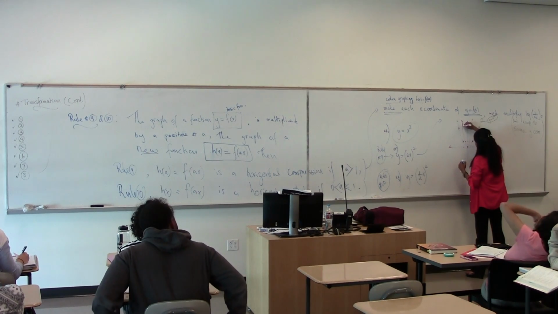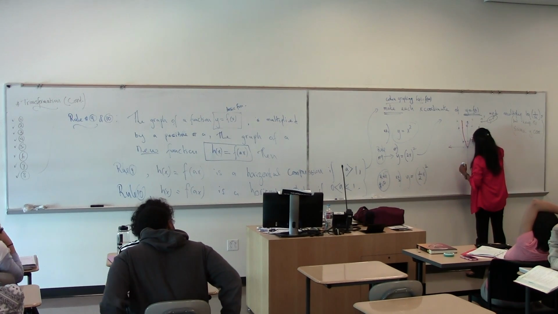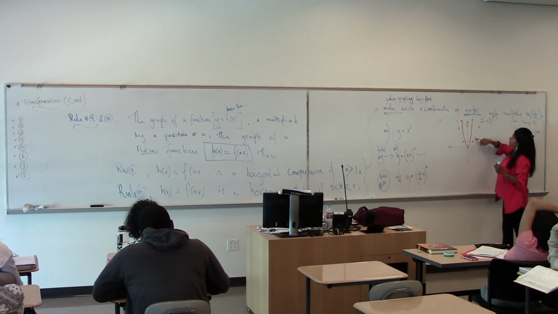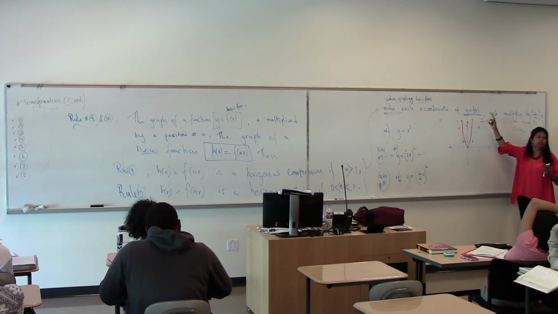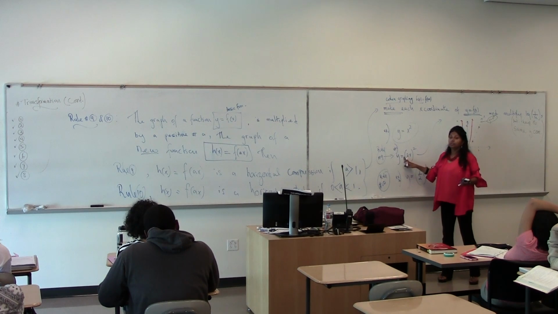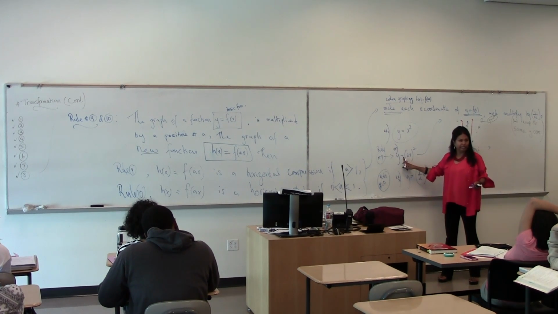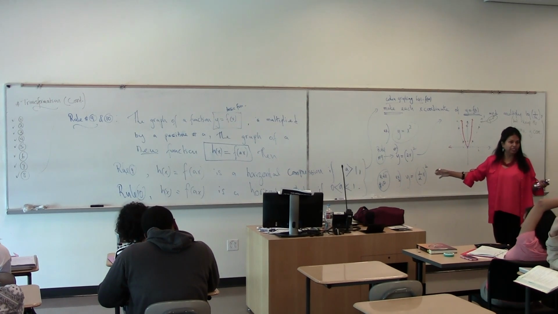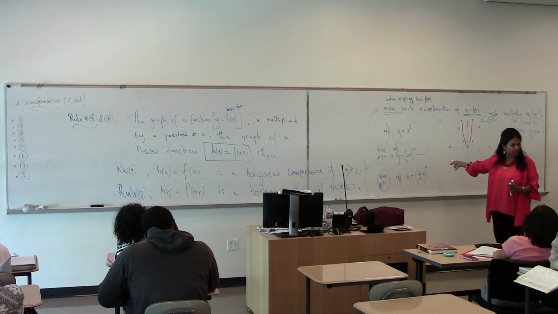So this is horizontal compress. Keep the same y coordinate and multiply the x coordinate. So read the rule carefully, guys. If this 2 was outside here, then we only multiply the y coordinate and keep the same x coordinate. It's the opposite of this one.